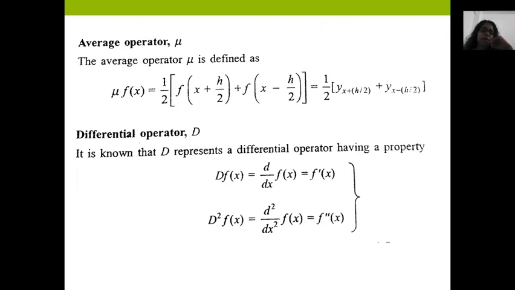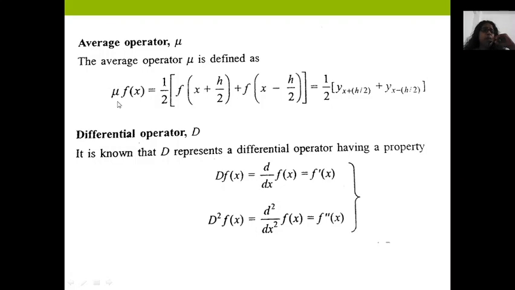And we are coming to the next operator, that is the average operator, mu. The average operator is defined as mu f of x is equal to half of f of x plus h by 2 plus f of x minus h by 2. Instead of function, I can write in terms of y. You just understand the expression, that's all.